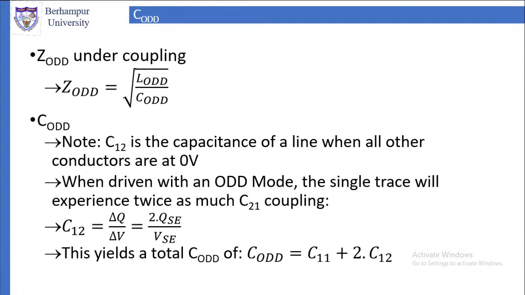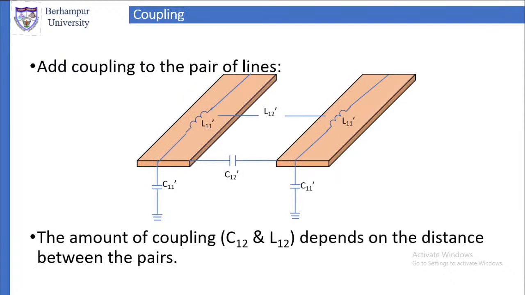In the even mode, it will be different. That we'll see later. Coupling, we have seen, adds the coupling to the pair of lines here. The amount of coupling C12 and say L12 will depend on the distance between the pairs, and their effect we have already discussed, so I am not going to discuss that anymore.